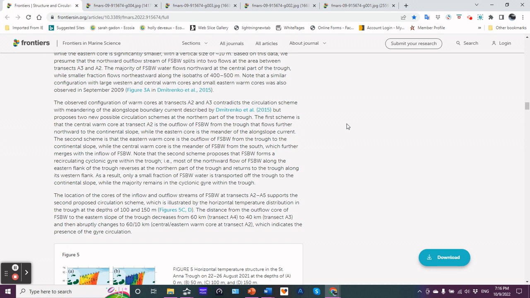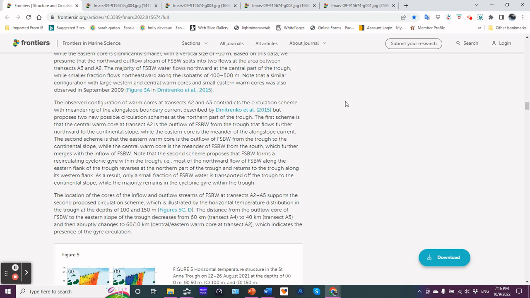However, there's something interesting we need to discuss. The observed configuration of warm cores at transects A2 and 3 contradicts the circulation scheme with meandering of the along-slope boundary current described by Dmitrenko in 2015, but proposes 2 new possible circulation schemes at the northern part of the trough.